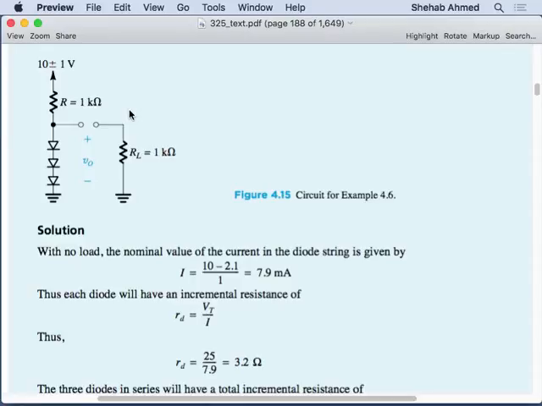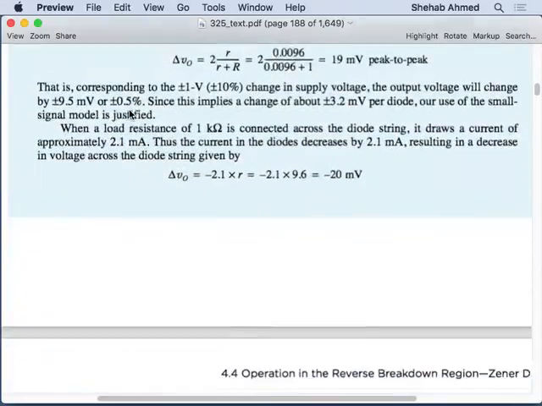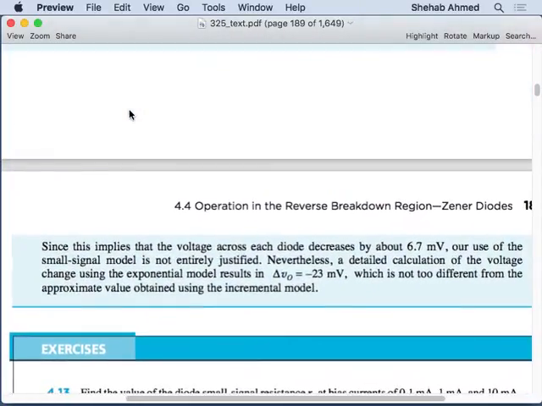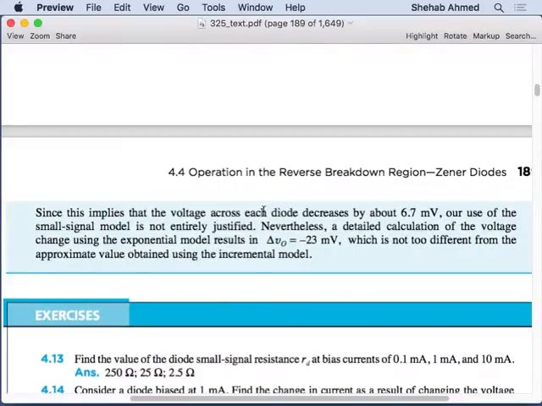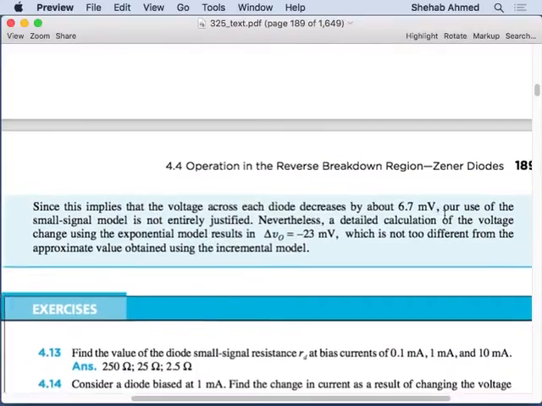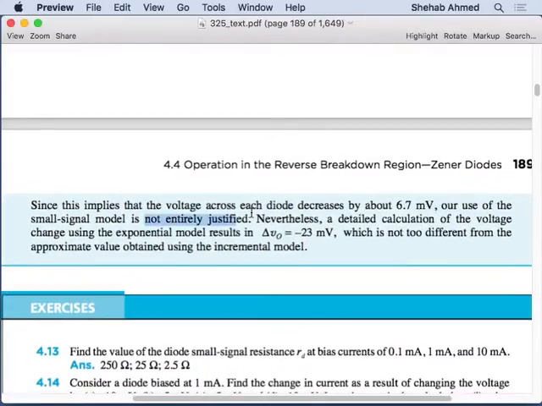Since this implies that the voltage across each diode decreases by 6.7 millivolts, our use of the small signal model is not entirely justified. Nevertheless, the calculation of the voltage change using the exponential result gives us 23 millivolts, which is not too different from the approximate value obtained from the incremental model.